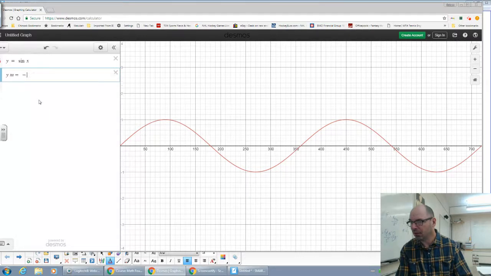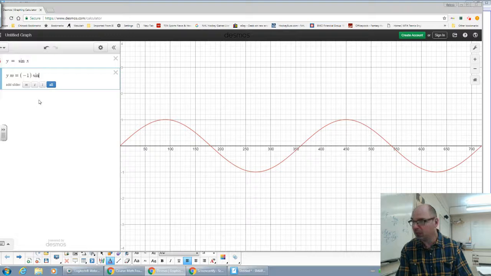I guess I have to put them together. Oh no, they want me to put it in brackets. So we have to type bracket -1 bracket sine x.